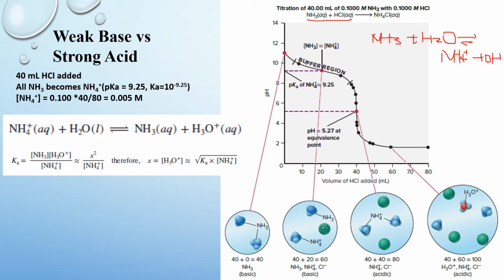Using the same approach, the number of moles of ammonia at the beginning is 0.004 moles.